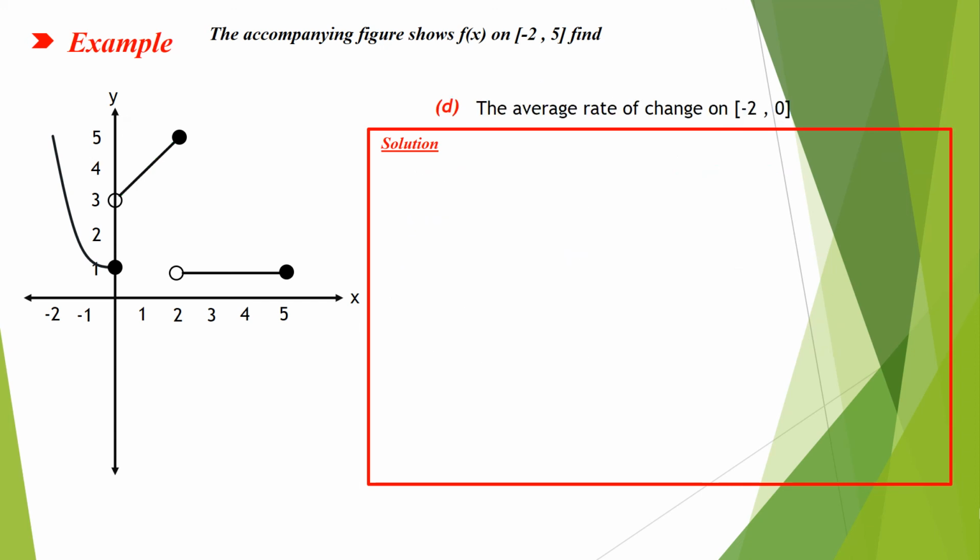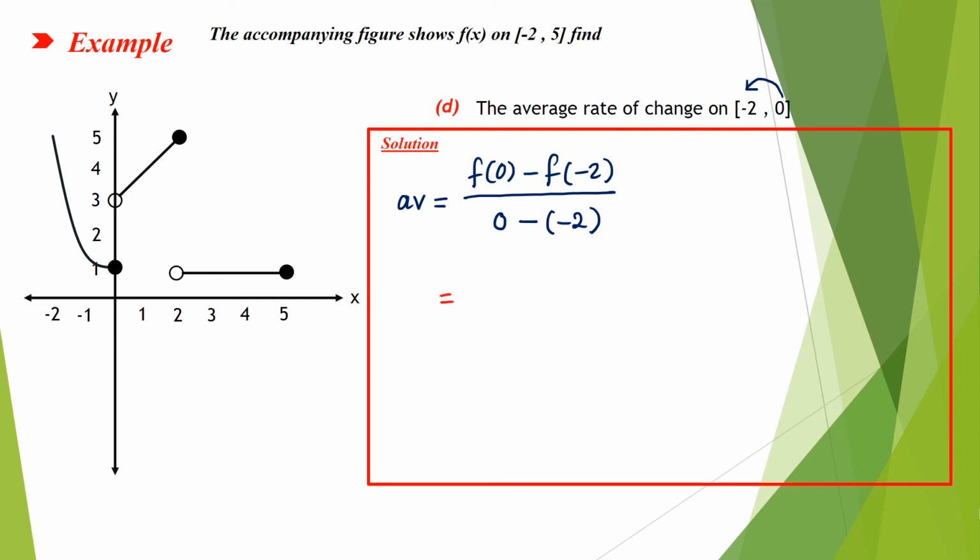In part D, you have to find the average rate of change on the closed interval from -2 to 0. So the average rate of change equals f of 0 minus f of -2, divided by 0 minus -2.